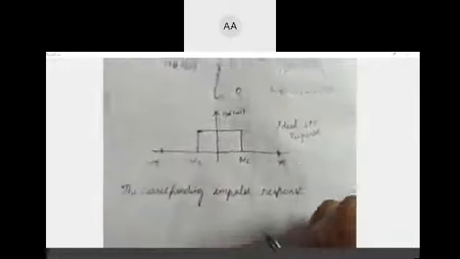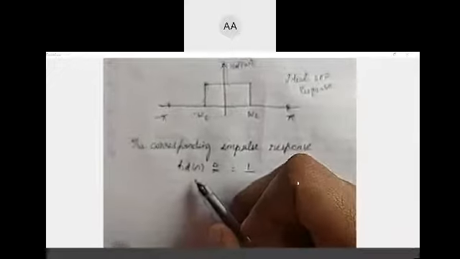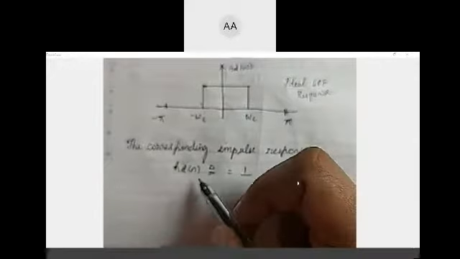How? If you write along with me, you will understand better. The corresponding impulse response in the time domain, Hd of n: though in the time domain it is discrete, in the frequency domain omega is continuous. So how do you write this?